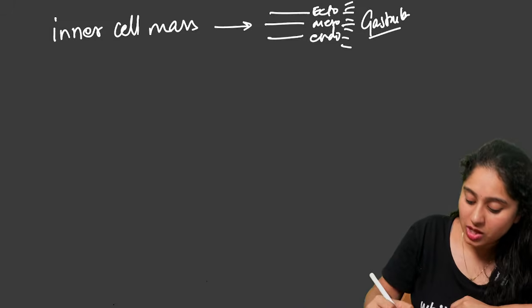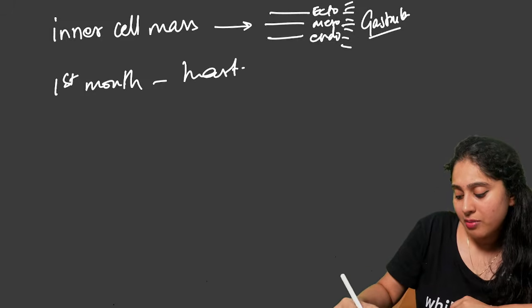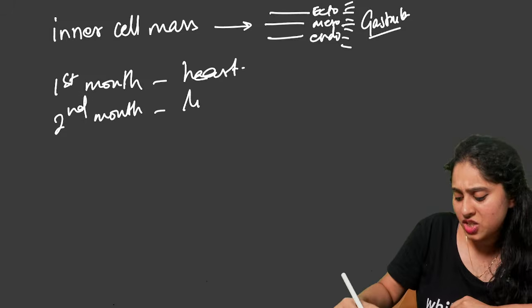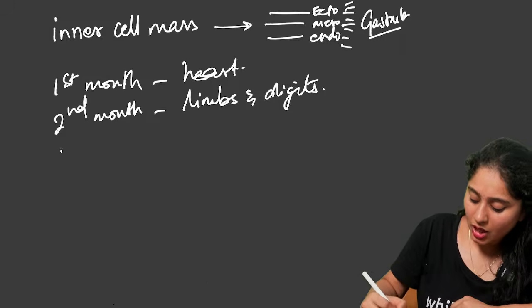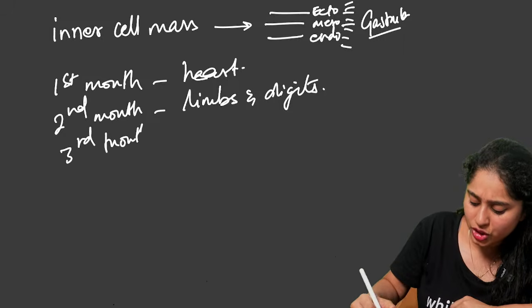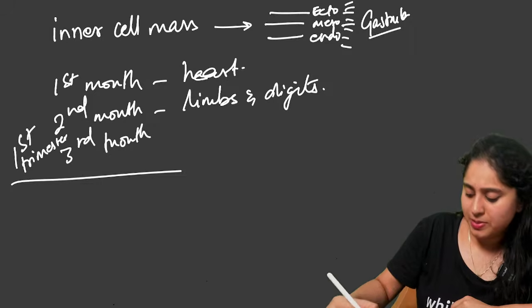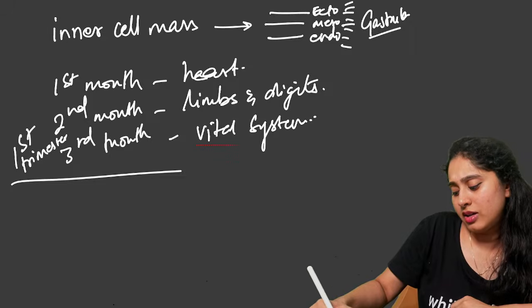Now from here, by the end of the first month, we'll have a heart. By the end of the second month, all the limbs, digits, everything has been formed. By the end of the third month, which is the end of the first trimester, all the vital systems are done.